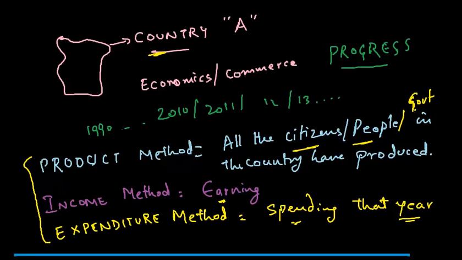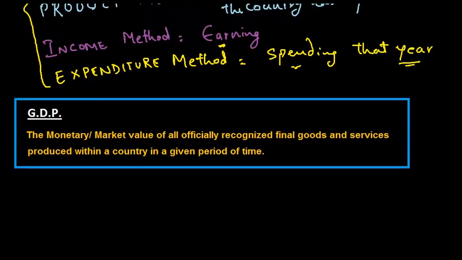So these are the three ways even a country checks the progress. On this basis, let's see the definition of GDP. Here I have just written down this particular definition.